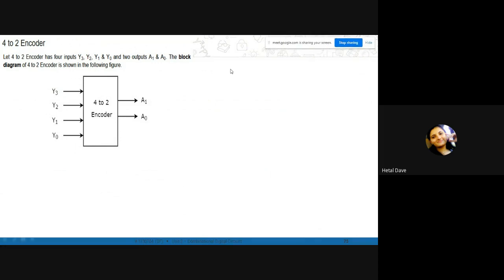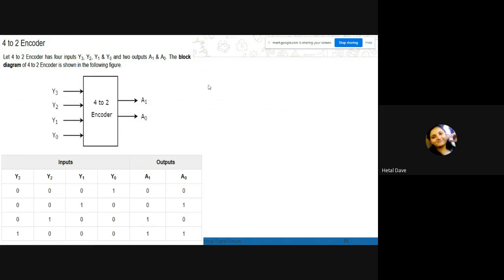What I need to do: encoder is a kind of circuit that will generate a coding as per the input. So there are 4 inputs. We have seen from the animation, if this switch is on, it will be connected. If the Y0 switch is on, then the output will be 0, 0.